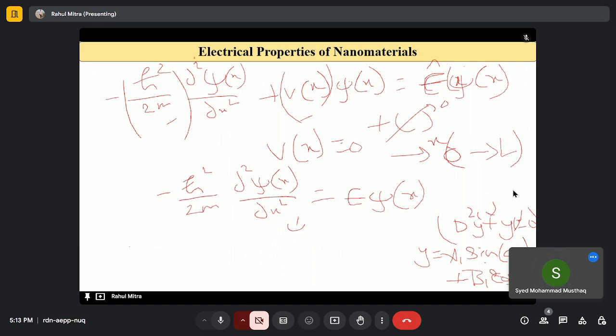Now, let's assume a constant k. We know what k is: k equals 2mE by h cut square.